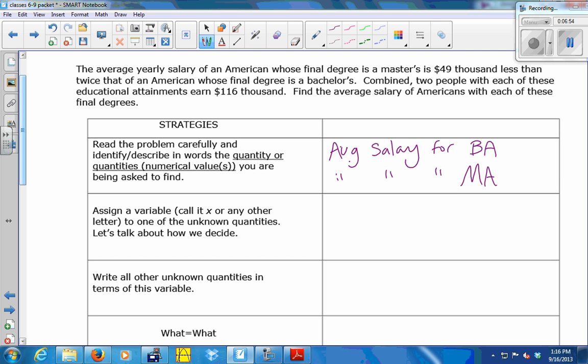If you go back to the question and it says someone whose final degree is a master's degree is 49,000 less than twice that. So they're defining the master's degree in terms of the bachelor's degree. They're telling you how much more or less the master's degree is than that of a bachelor's. So let's let X be the bachelor's degree.